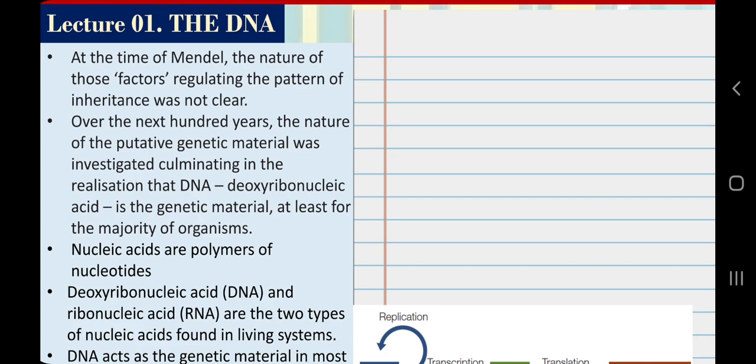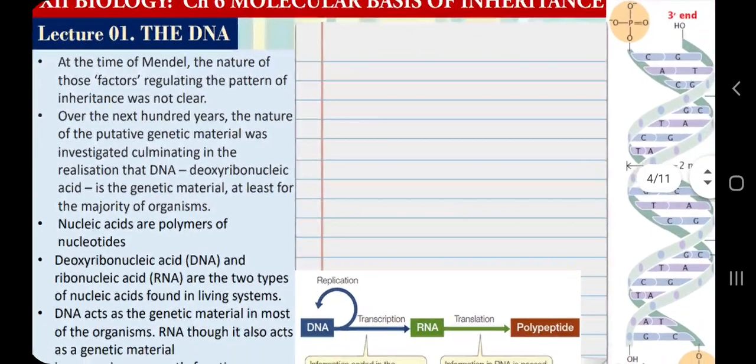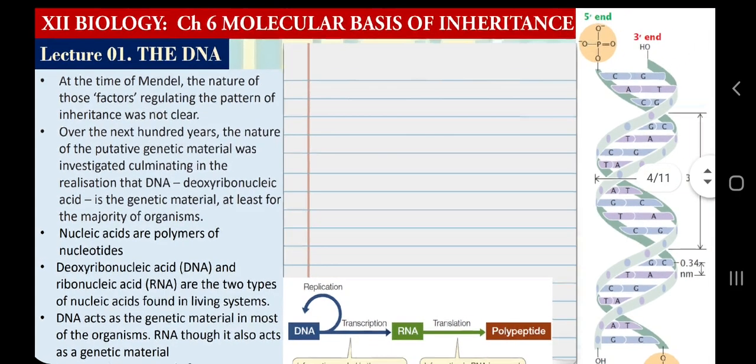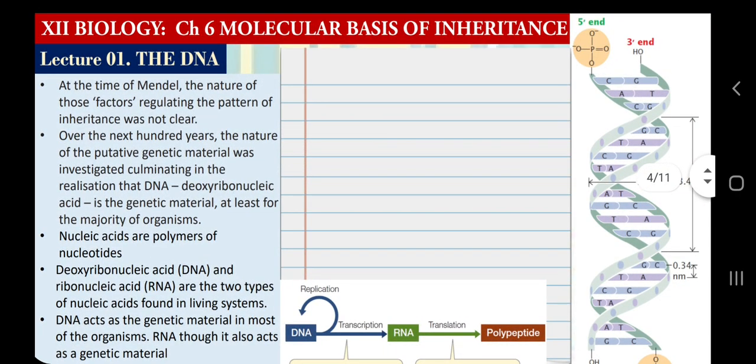DNA has a very crucial role in controlling the behavior of cells and many functions of the cell, and we are aware of the structure of DNA, but previously it was not known that DNA is the genetic material, and the structure of DNA was unknown. So here we will go on a journey of history, how scientists came to the conclusion that DNA is the genetic material in living organisms.